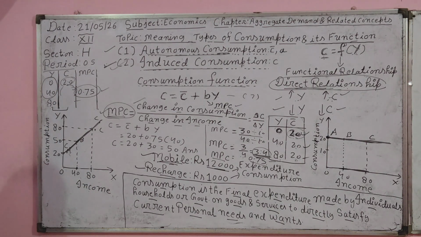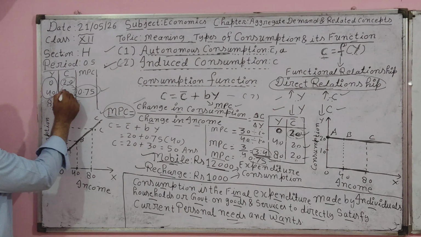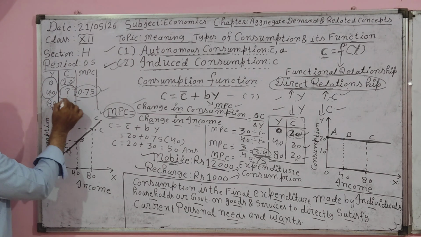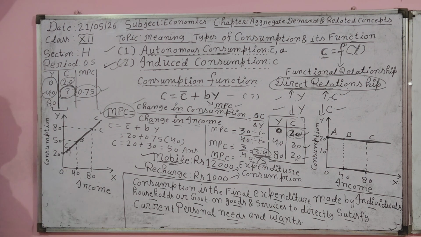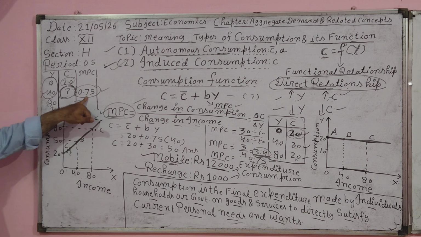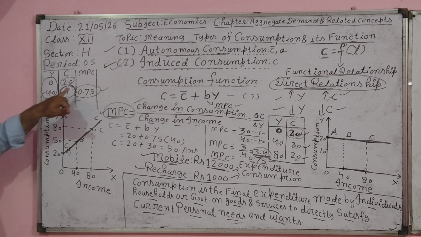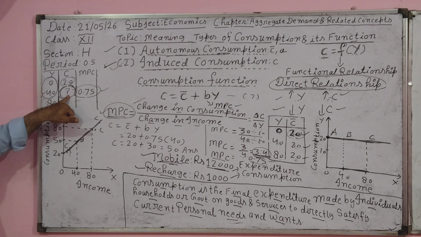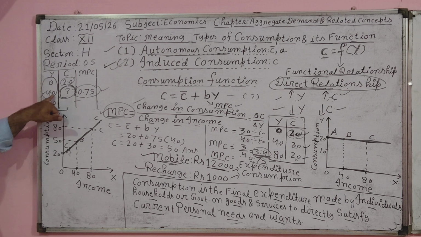Suppose we want to find consumption at the income of 40 rupees. In this question, the informations are given that at 0 level of income, the consumption is 20. The value of MPC is 0.75. Find the amount of induced consumption at the level of income is 40.